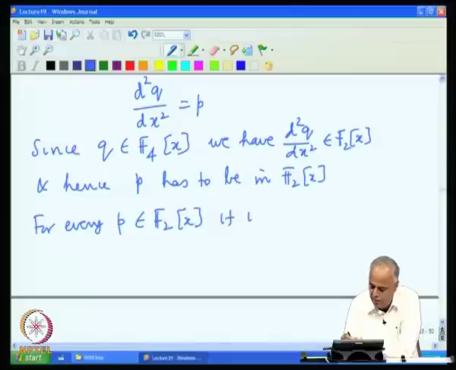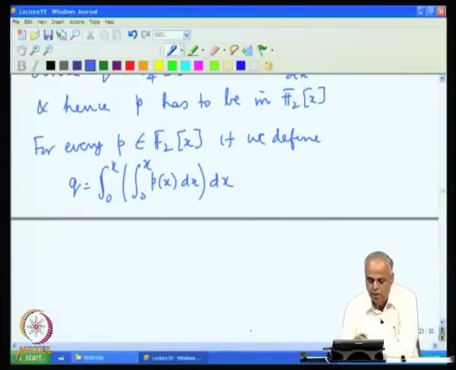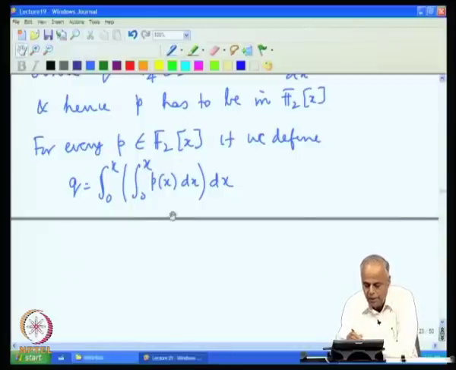if we define Q to be the integral from 0 to x of P, then since P is a polynomial of degree less than or equal to 2, when I integrate it will be a polynomial of degree less than or equal to 3, and if I integrate further I will get a polynomial of degree less than or equal to 4.